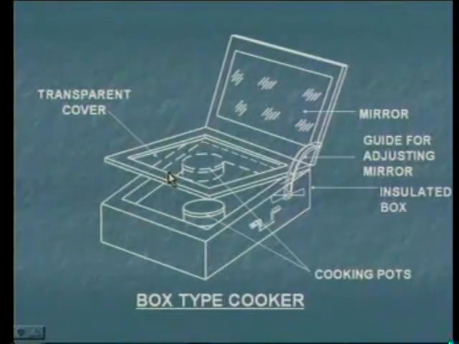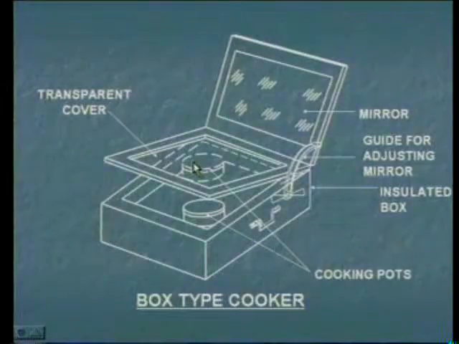The next application is a box type cooker. It is a bottom box. At the bottom we are providing an absorber plate having a black coke powder coating, and there is a glass plate, which we may call a transparent cover, and there is a mirror to reflect the light once again onto the transparent cover.